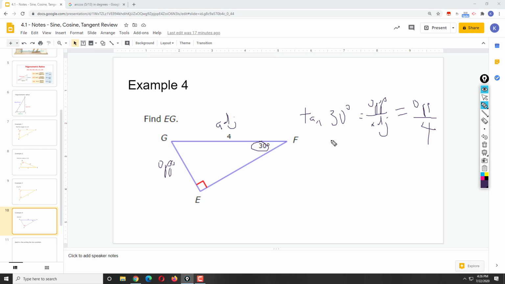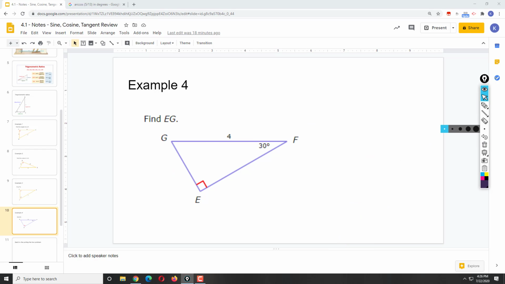Tangent of 30 is 1 over square root of 3 equals the opposite over 4. Multiply both sides by 4. So it is 4 over square root of 3. If we want to rationalize the denominator, it will be equal to 4 square root of 3 over 3. So that's our answer.